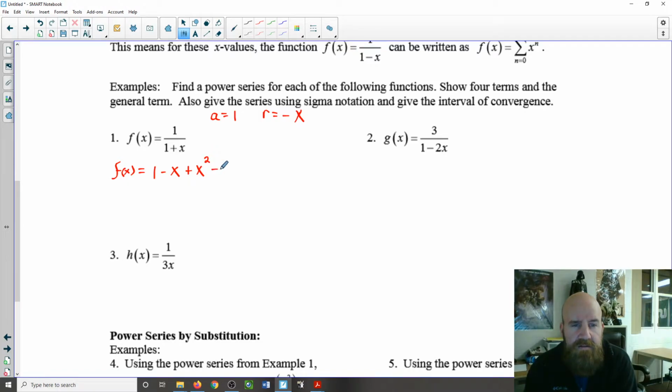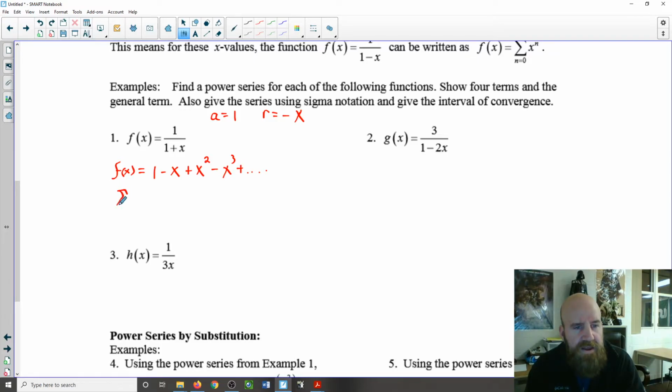And then again, we get a negative x cubed. And we can just keep going forever. We could write our nth term, but until we get comfortable with this, we don't need it.